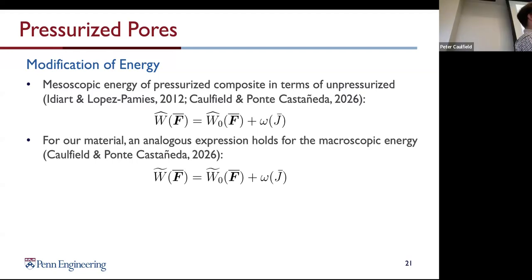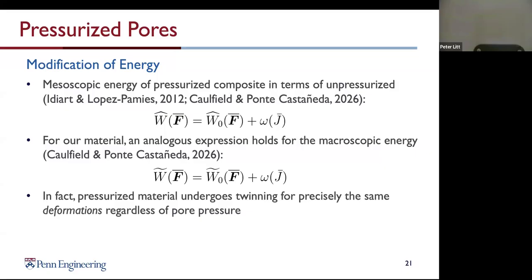But it turns out if you do all that stability analysis again, you get an analogous result for the macroscopic energy as well. So again, you can write the effective macroscopic behavior for the pressurized material in terms of the macroscopic relaxed behavior for the unpressurized, plus just exactly the same term on the side, again based on the pore pressure evolution. So, Peter.